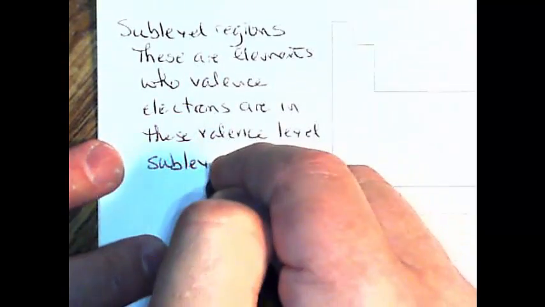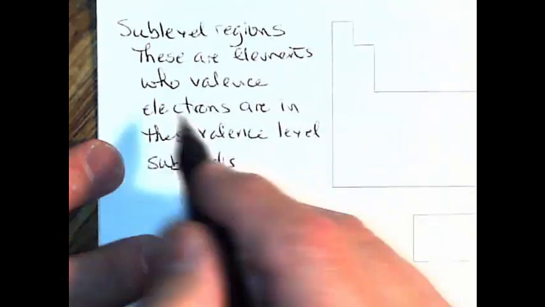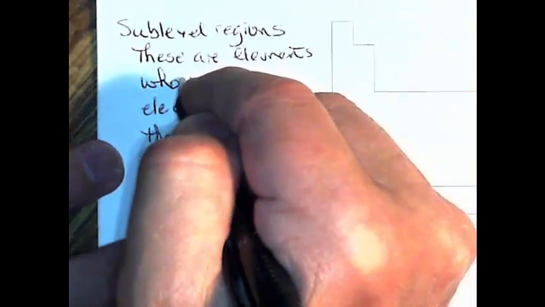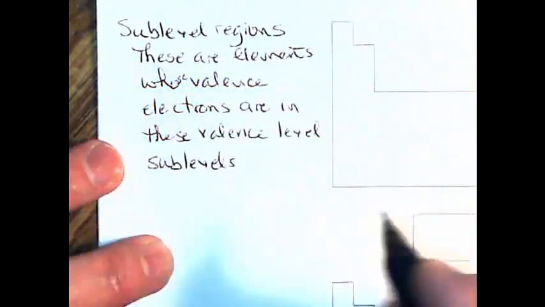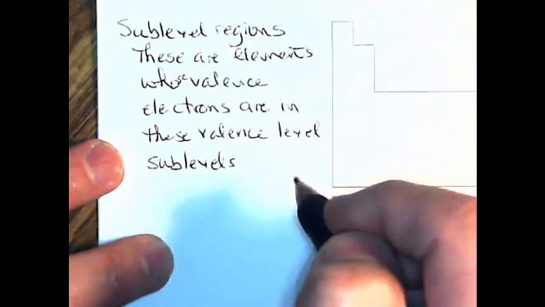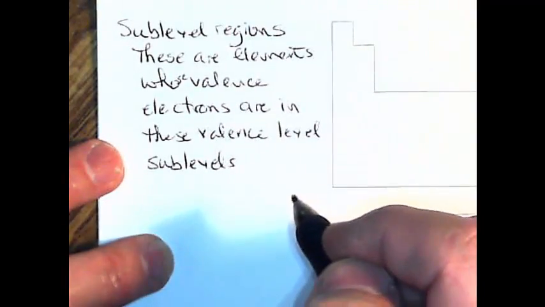What does that word say after who? Whose, it should be whose valence level electrons are in these valence level sublevels. Okay?